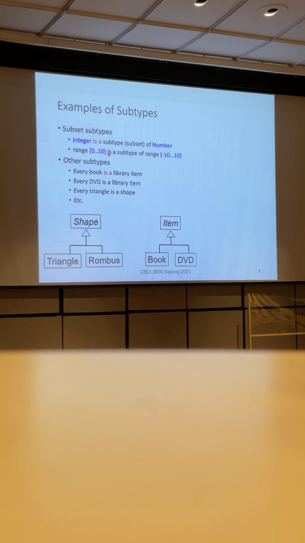Range from 0 to 10 is a subrange or subtype of range of -10 to 10, and there are many other similar examples. Book is a library item, activity is a library item, triangle is a shape, and so forth.